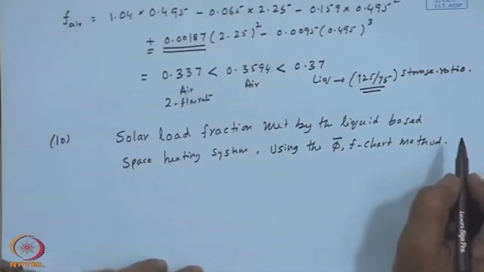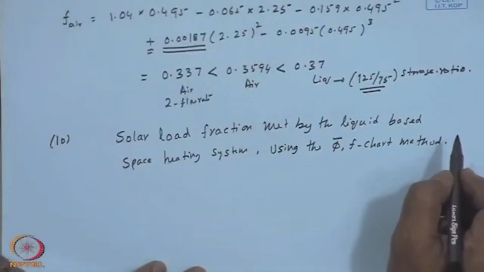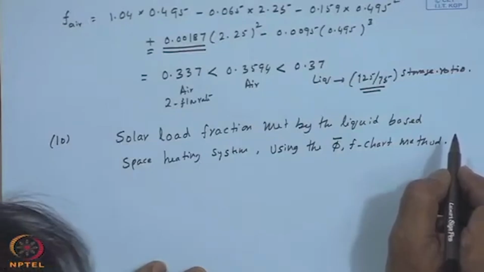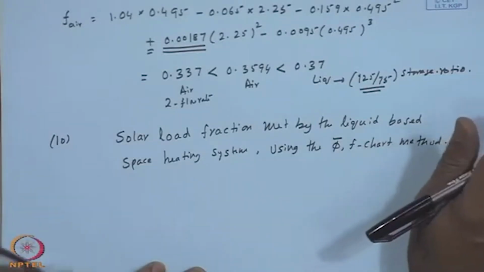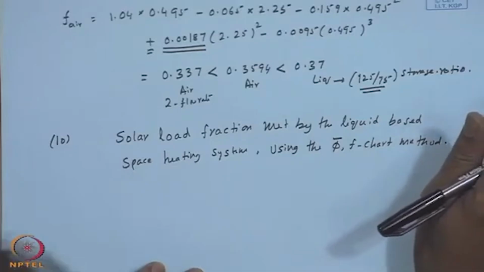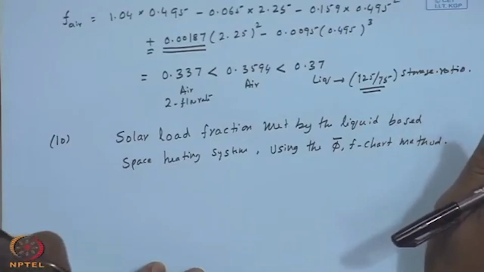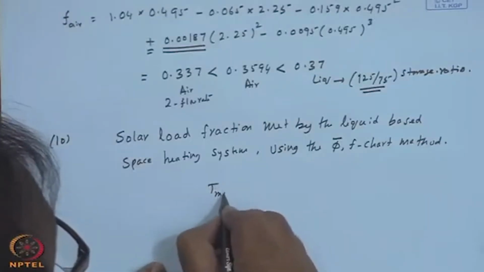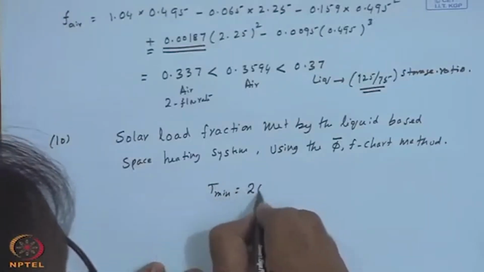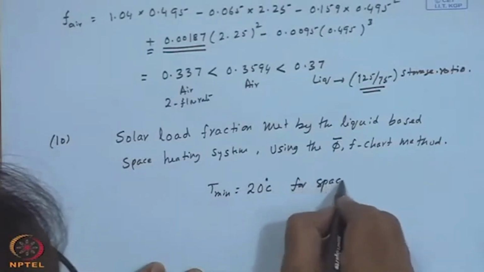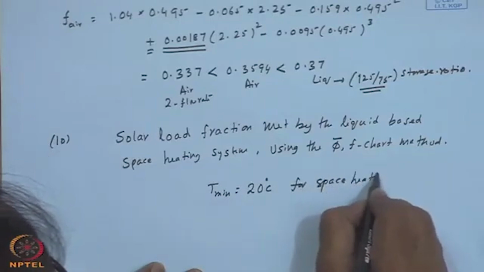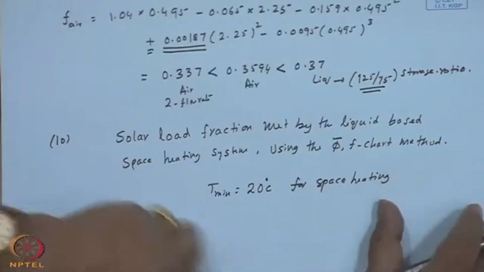Now, this is a surprising thing. What I have in my mind is that the phi bar F chart is general, irrespective of the system details. T minimum can be specified. I may have a load heat exchanger etc., but if I use the phi bar F chart method and consider T minimum equal to 20 degrees C for space heating, how will this perform?